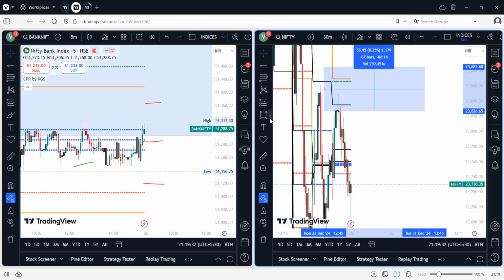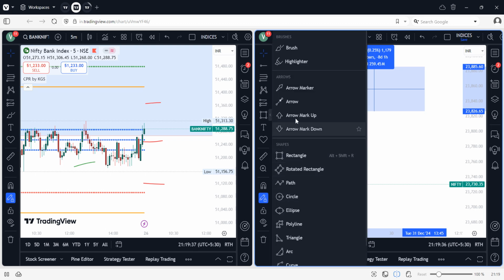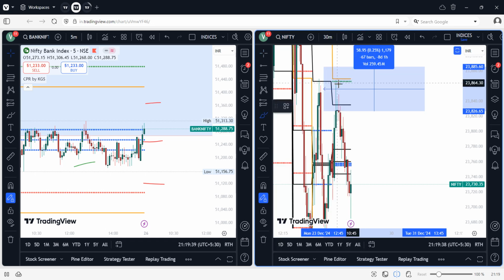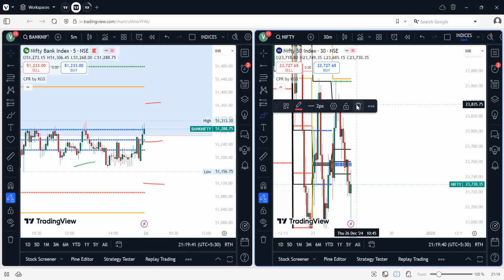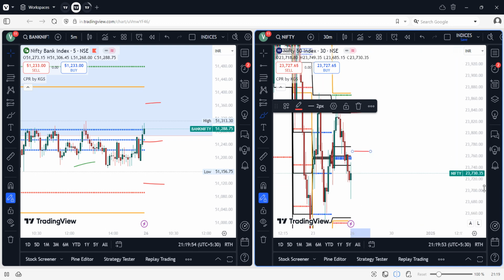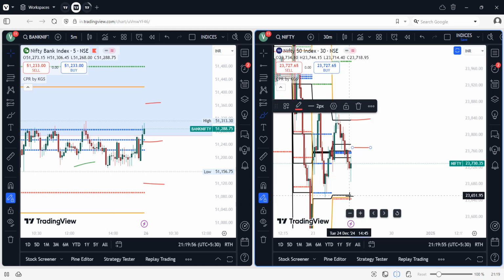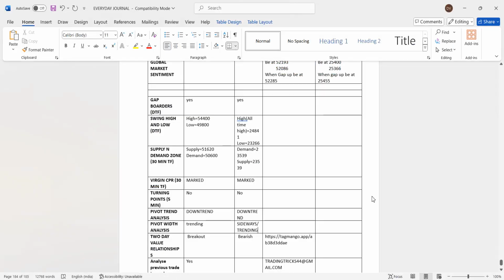So I'm going to mark the highly profitable trade locations for tomorrow where I want it to be bearish in the market. At the CPR I want it to be bearish, and here. So I have marked the highly profitable trade locations for tomorrow.